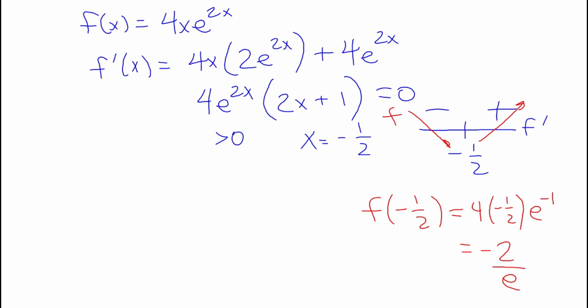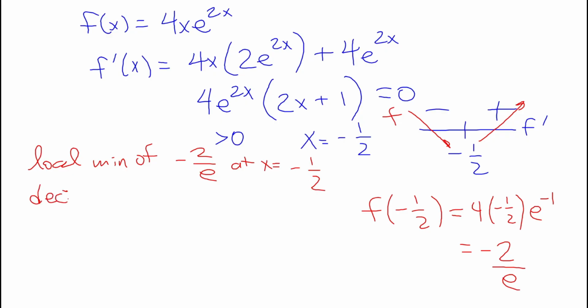So we have a local min of negative 2 over e at x equals negative 1/2. We are decreasing on the interval from negative infinity to negative 1/2. And we are increasing on the interval from negative 1/2 to infinity.